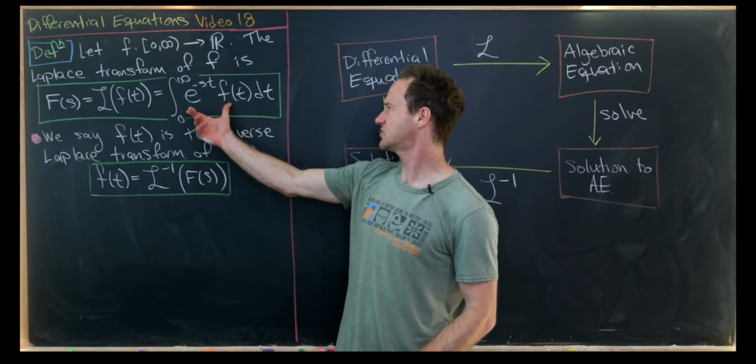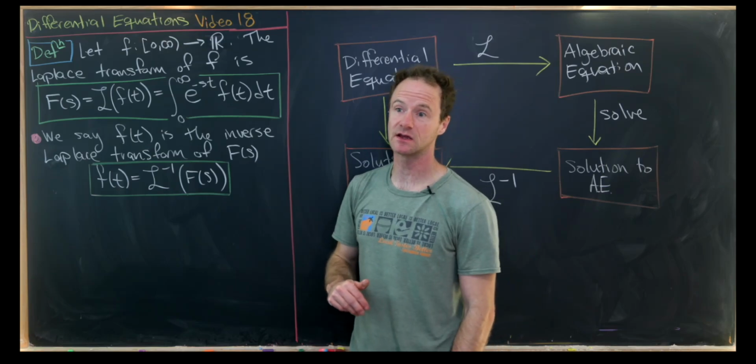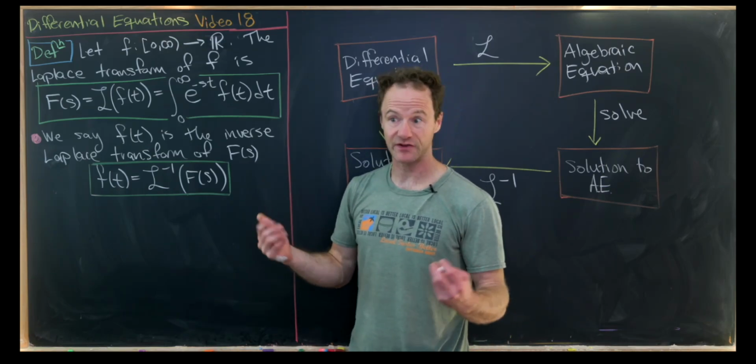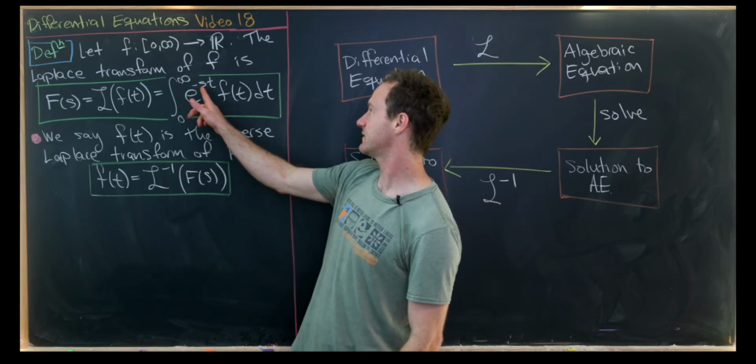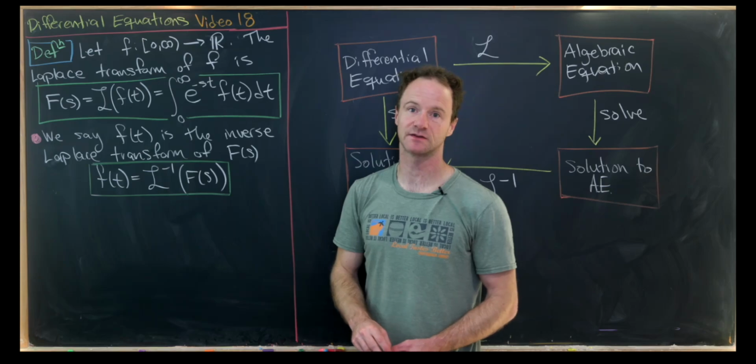Let's notice this integral is with respect to t, so that definite integral with respect to t will remove the dependence on t and leave us with a dependence on s.